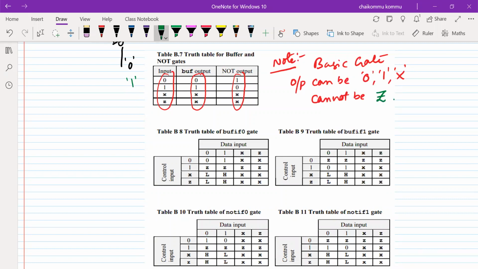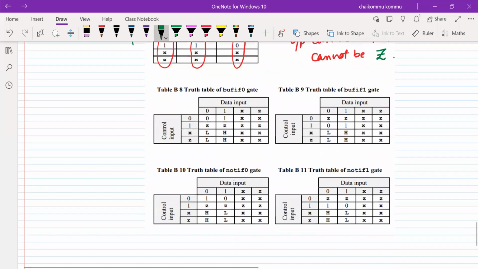So, the basic gates' output can be logic 0, logic 1 or unknown, but it cannot be high impedance state. Whereas the tri-state buffers, it's not like that.